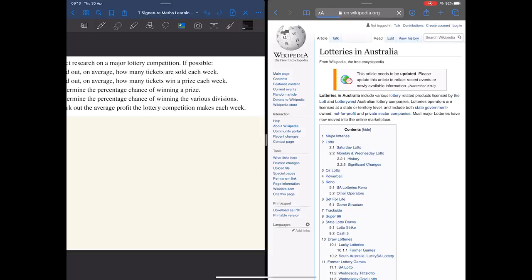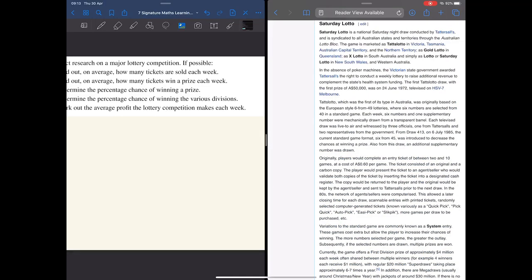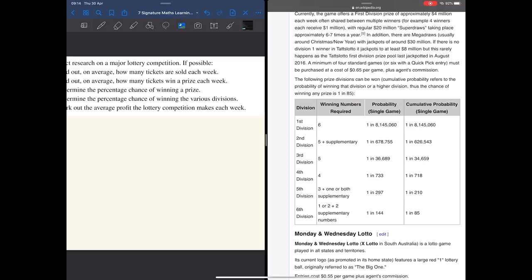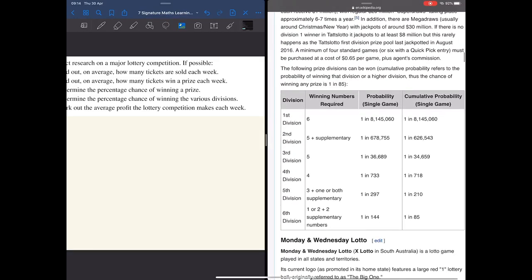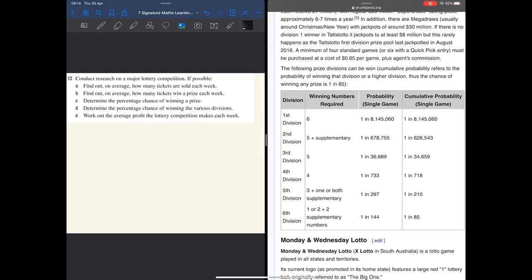Let's go to the Saturday Lotto. Wow. So it says here, for a first division, the chances are 1 in 8,145,060. That's to win the first division. That's to win 6 numbers.